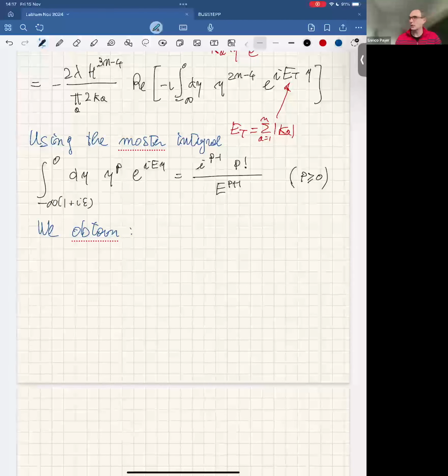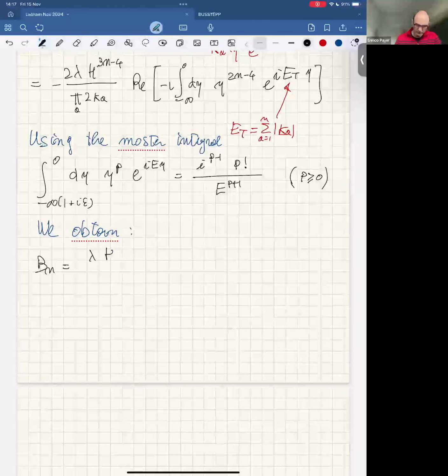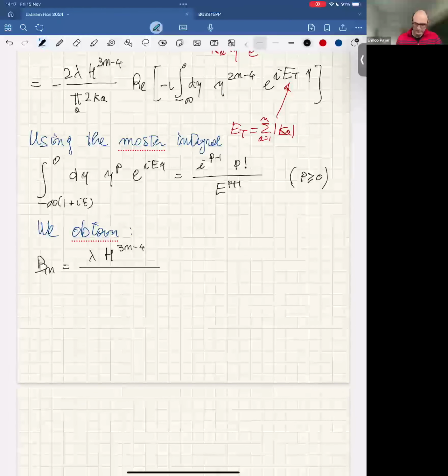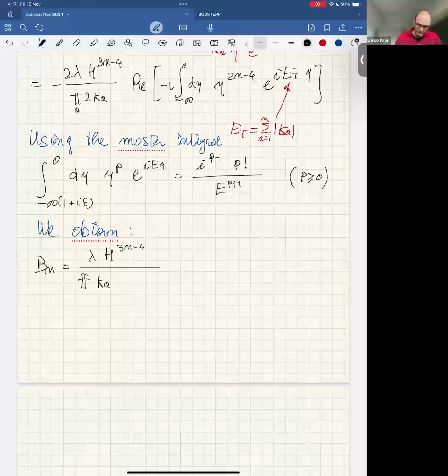So we finally obtain our second result, which is that in de Sitter, this endpoint correlation function is some coupling constant h to the 3n minus 4, the product of all n momenta, the total energy to the power 2n minus 3.